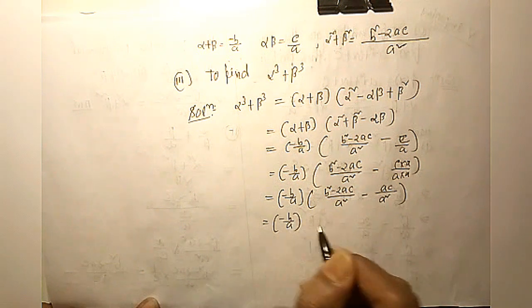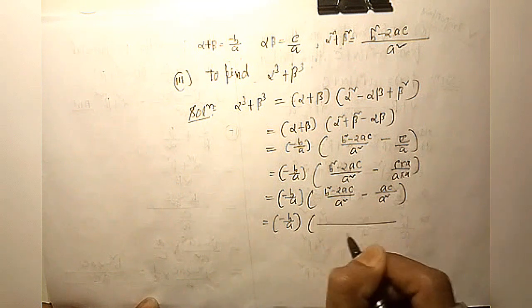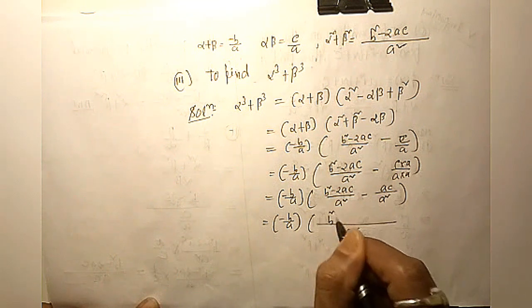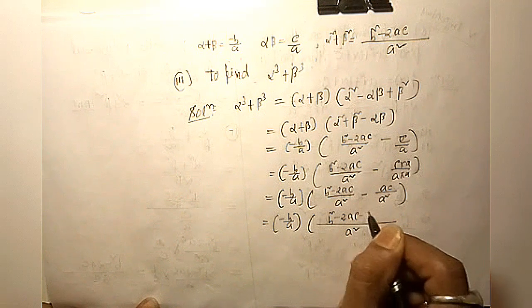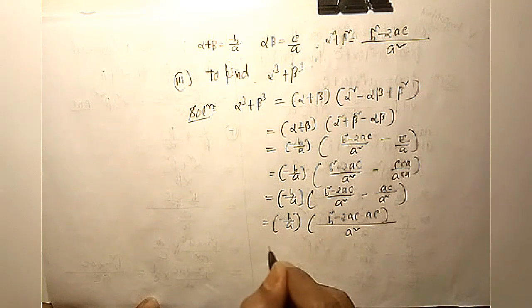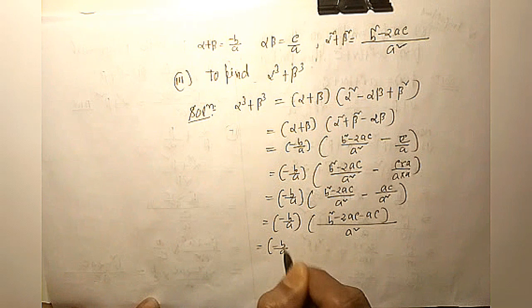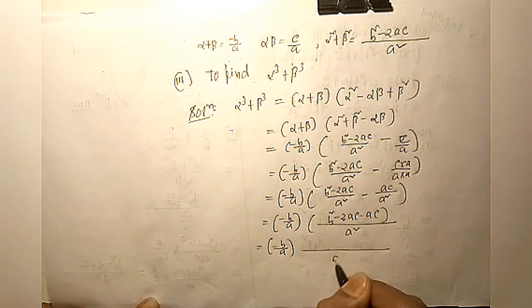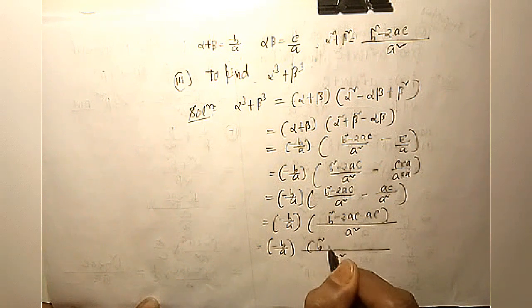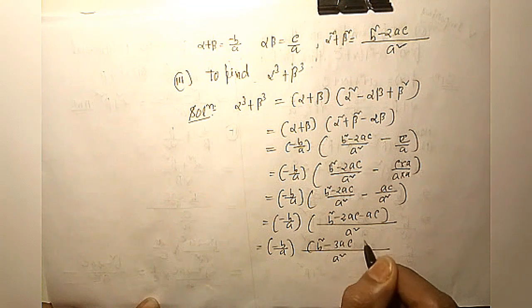Minus b by a, bracket, a square is in the denominator, so b square minus twice ac minus ac, that is b square minus thrice ac, by a square.